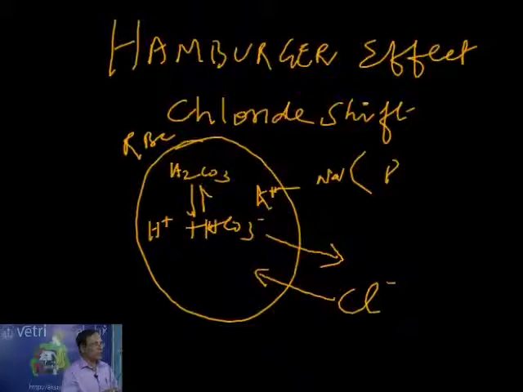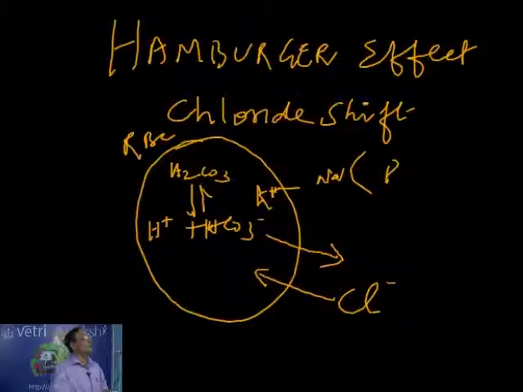The bicarbonates move back inside and the chloride moves out. The bicarbonates join with hydrogen ion to form carbonic acid, and the reaction is directed towards the splitting of carbonic acid because of the medium available at the alveolar surface. This is the Hamburger effect or chloride shift.